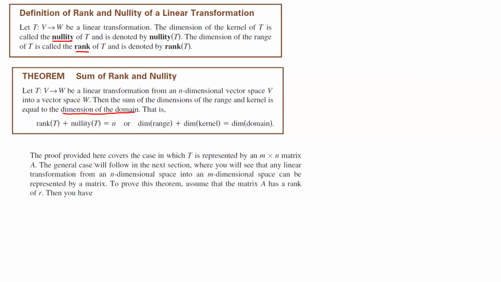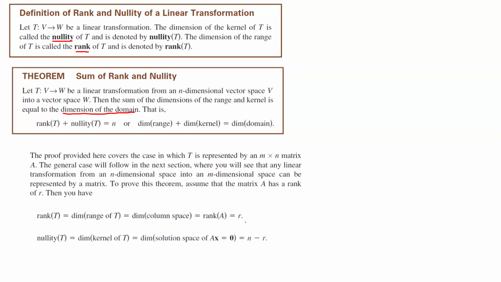The proof is going to be covering the case that rank of T is equal to the dimension of the range of T, which is equal to the dimension of the column space. But the dimension of the column space by definition is the rank of matrix A. So when you're talking about the rank of a linear transformation, we're talking about the rank of matrix A. Suppose we denote it by r.